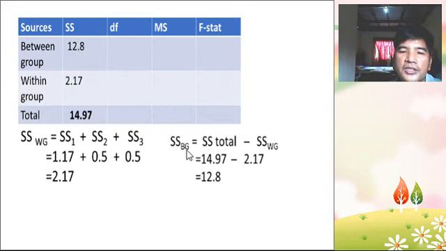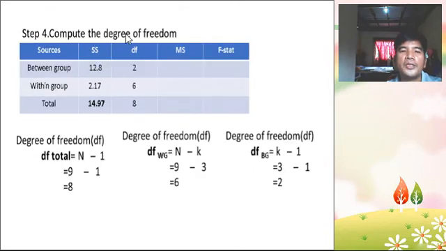For SSBG, you take the SS total, which is 14.97, and subtract SSWG, 2.17. You subtract, the answer is 12.8. So that is how you get the sum of squares between group, within group, and total. Next is to compute the degree of freedom.